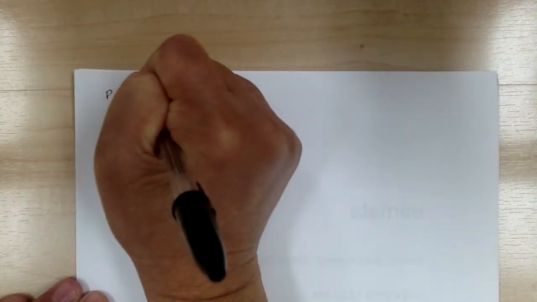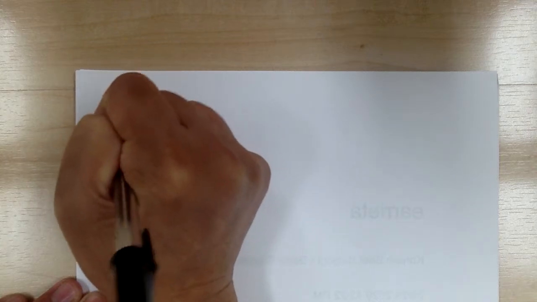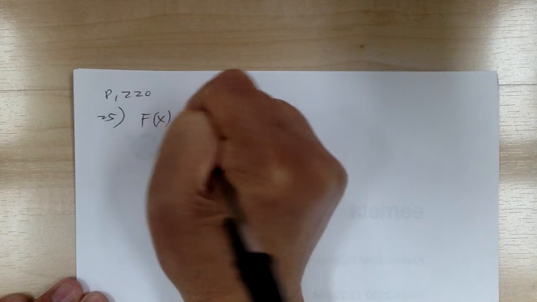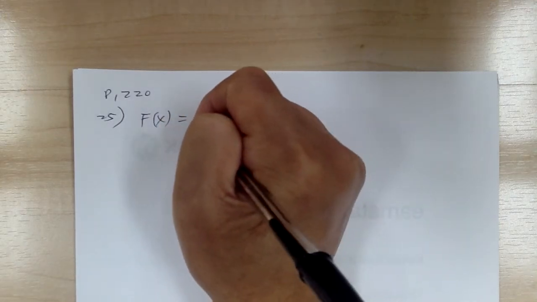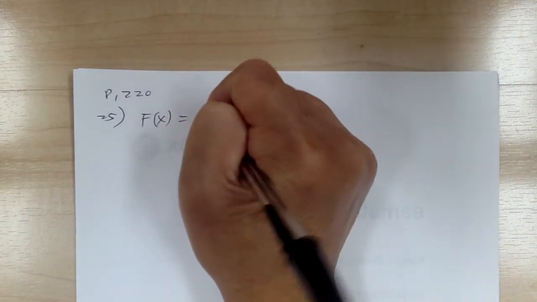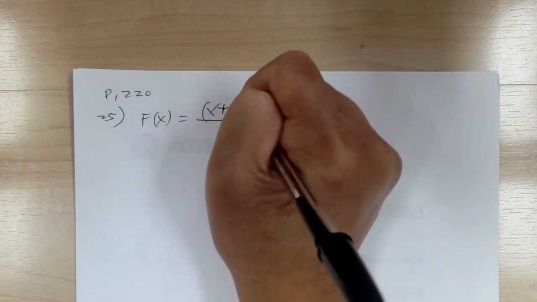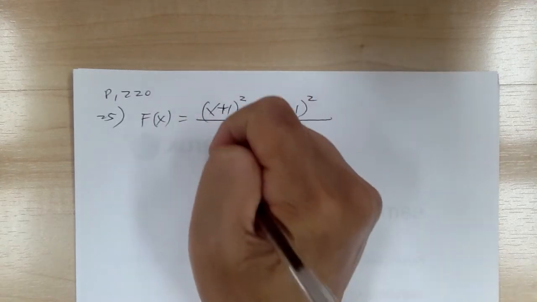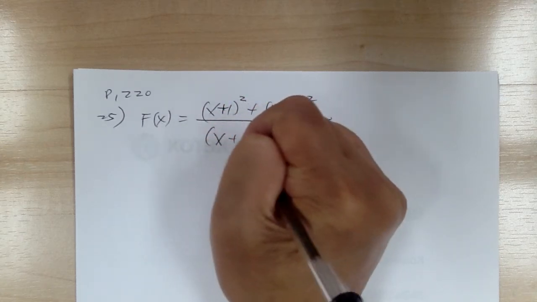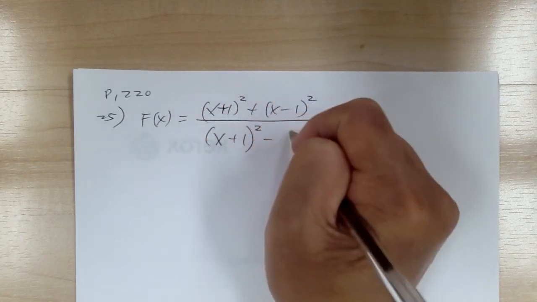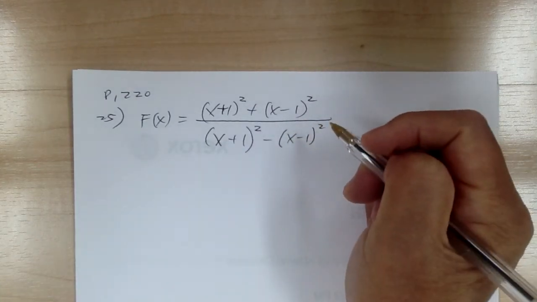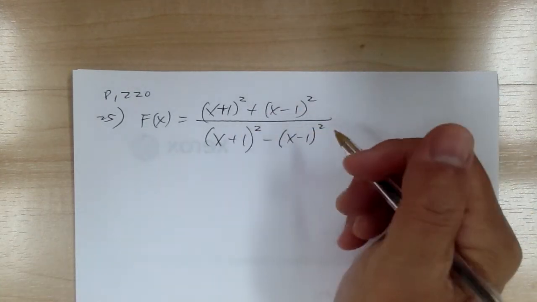Okay, let's go to number 25. You have f of x is equal to x plus 1 squared plus x minus 1 squared, over x plus 1 squared minus x minus 1 squared.